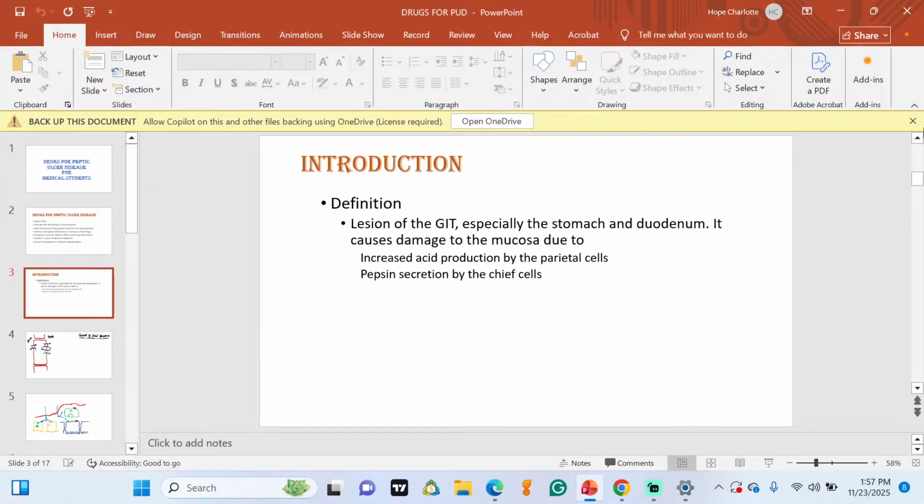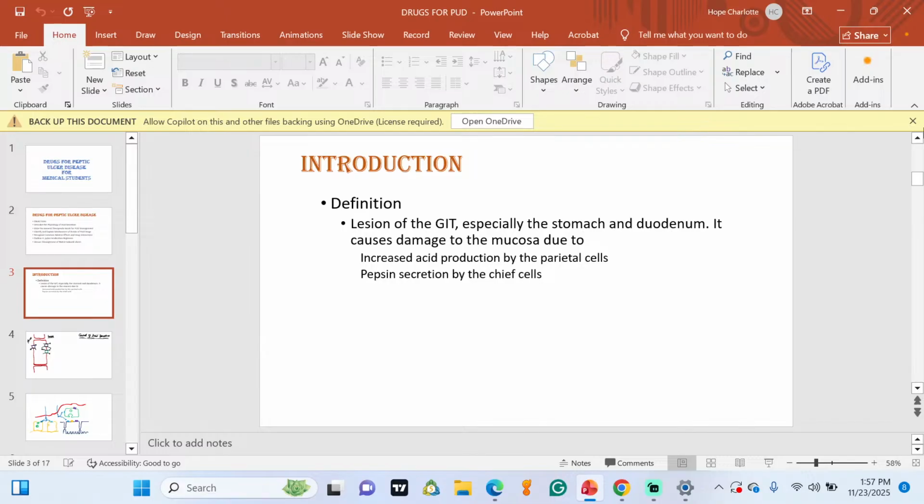All right, so we are going to kick off with the introduction. By way of introduction, an ulcer is a break in continuity of epithelial lining. So in the case of peptic ulcer, it is a break in the continuity of the mucosal lining of the stomach and the duodenum, meaning peptic ulcer has two entities: duodenal ulcer and gastric ulcer.